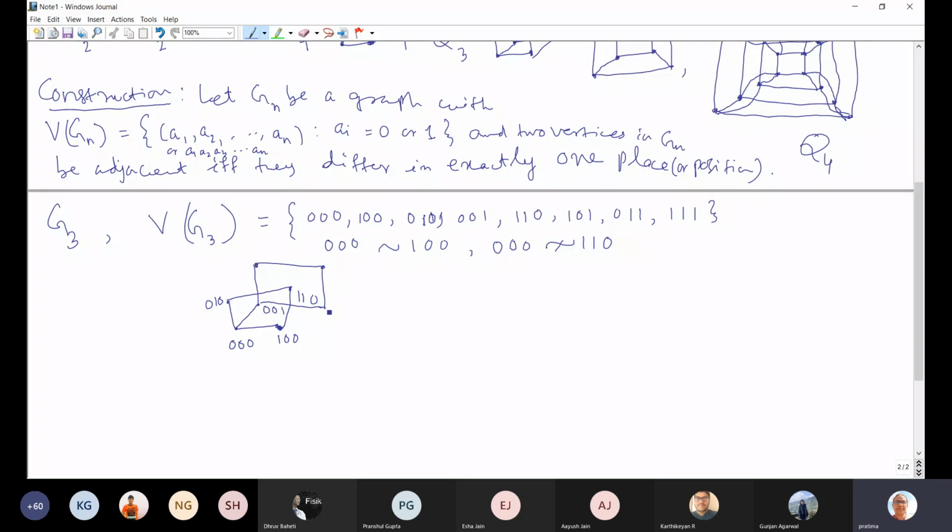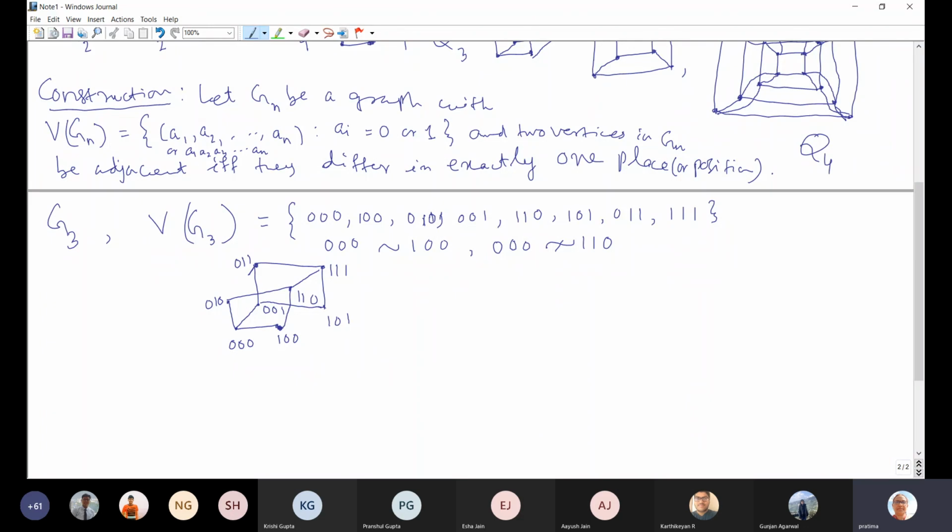We get this three-dimensional cube, and this vertex will be 101, and this is 011, and here 111, right? And you see these adjacencies are also there. 111 and 110 differ in exactly one place.